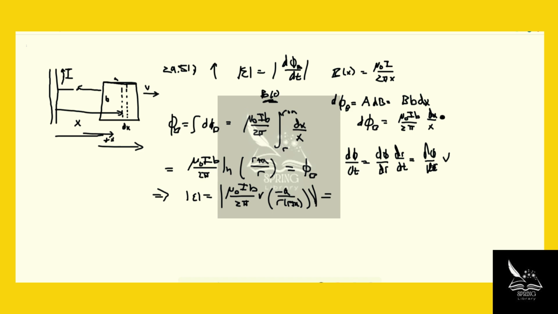We simplify this all out, and we're left with mu naught I a b v over 2 pi r times r plus a. Cool.